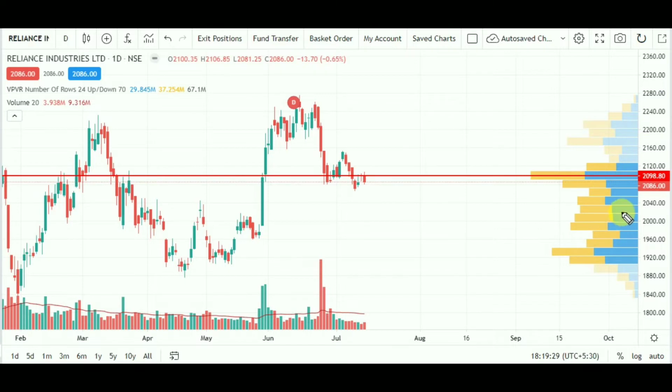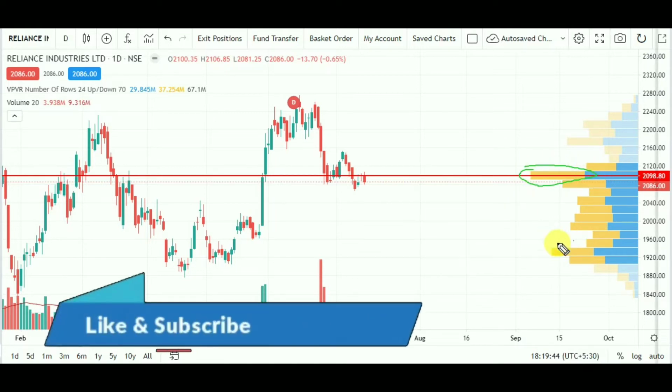The length of each bar indicates the quantum of volume that was traded for that specific price level. The larger the bar, the larger the volume traded for that specific price level, and vice versa.